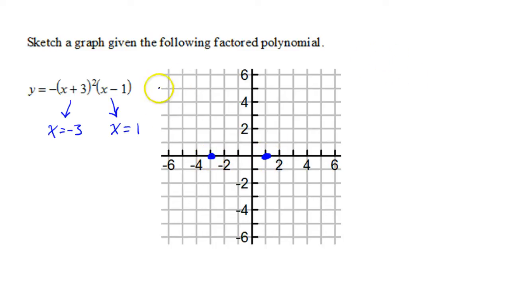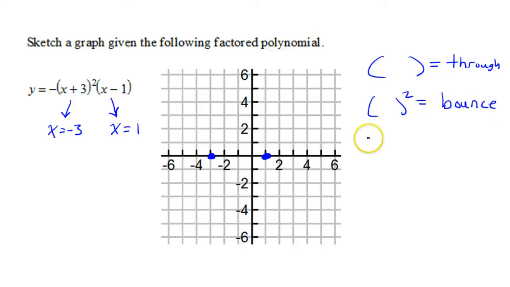Now, we have learned that when you have a factor that is just a plain factor, the x-intercept that you get from such a factor will just go straight through. Alright, the graph will just pass straight through that kind of x-intercept. On the other hand, if you have a factor that's squared, that's going to give you a bounce at that particular x-intercept.